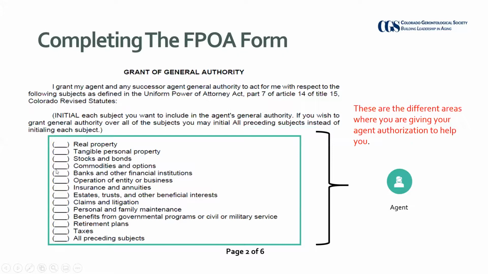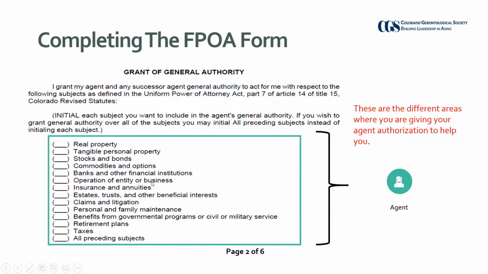So on page 2 of 6, this is where you indicate what powers you're giving your agent. The powers are the different areas where you're giving your agent authorization or permission to help you. So it could be everything from real property, so real estate, your tangible personal property, stocks and bonds, commodities and options, banks and other financial institutions.